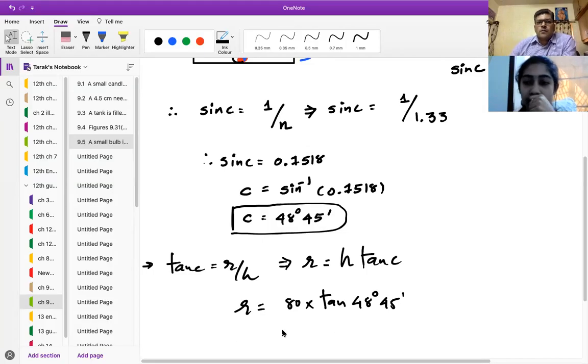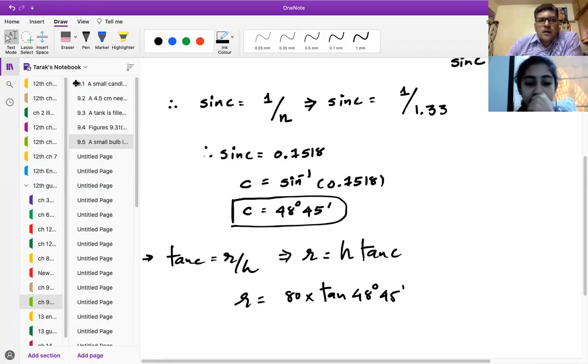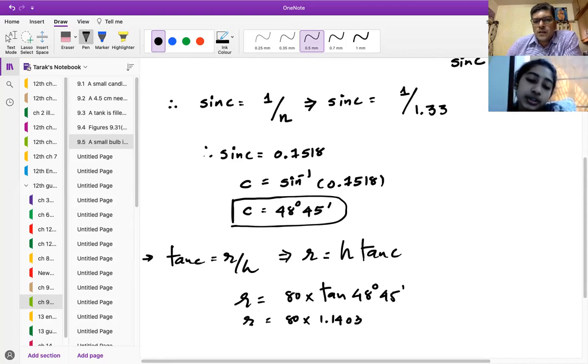So we got 1.1403. So 80 multiplied by 1.1403 is called R. I am using it in centimeters.